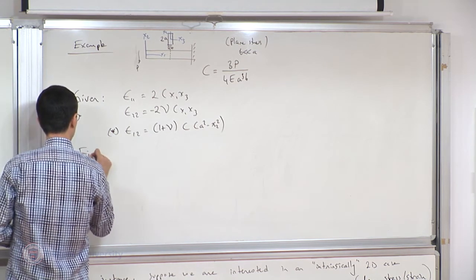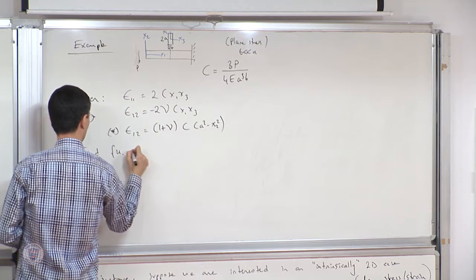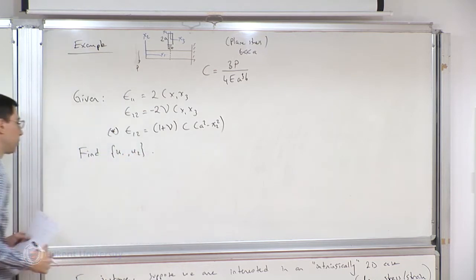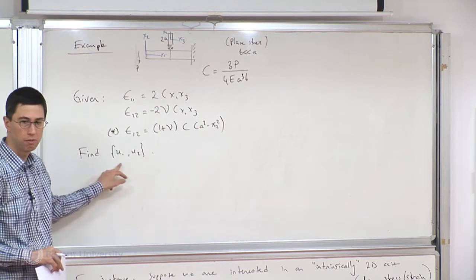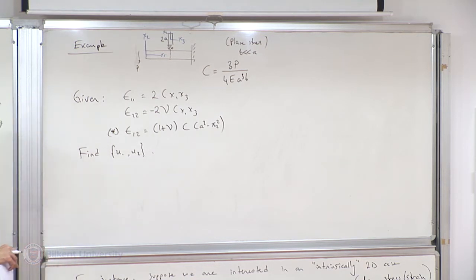And the question is, find U1 and U2. We are not worrying about U3 because it's a plane stress problem, and therefore I can only concentrate on whatever goes on in the 1, 2 plane.